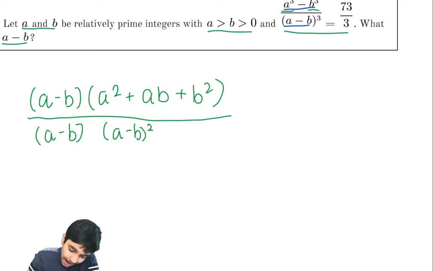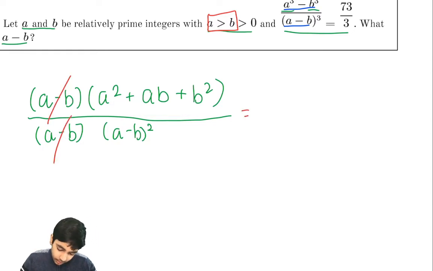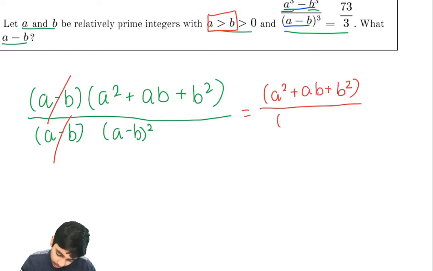And as you can see here, since a is greater than b, a minus b will not be 0, it will be positive. And if it's positive, then we can just cancel it out. And this simplifies to a squared plus ab plus b squared divided by a squared minus 2ab plus b squared.